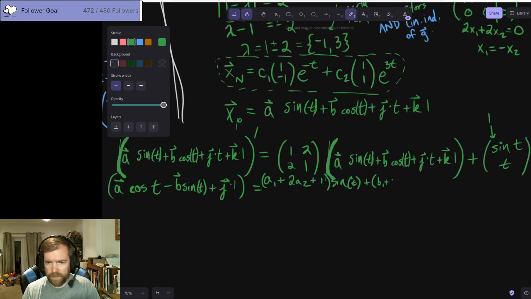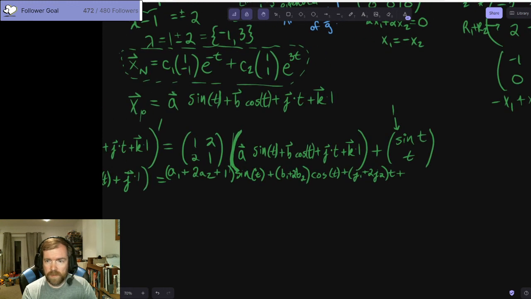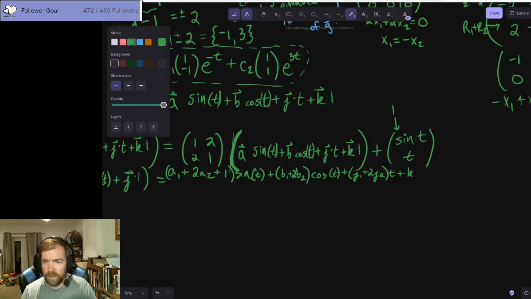Plus 1 b1 plus 2b2 times the cosine of t, plus j1 plus 2j2 times t, plus k1 plus 2k2.